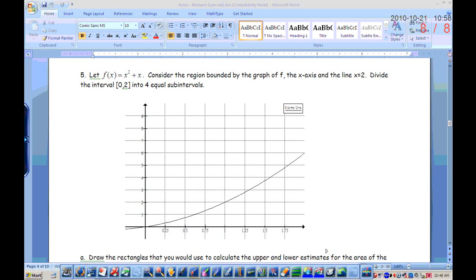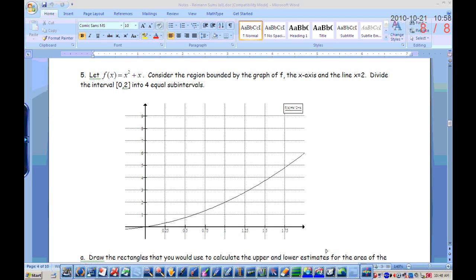And the last question on number 5 says use a midpoint Riemann sum to find the area of this region. All right, there are basically 3 types of Riemann sums. The left, right, upper, lower, that's all one type of Riemann sum. The trapezoid method is the second one, and the third method is the midpoint method.